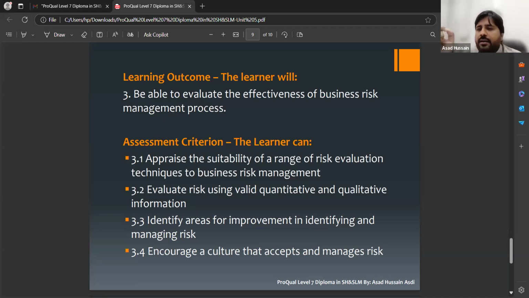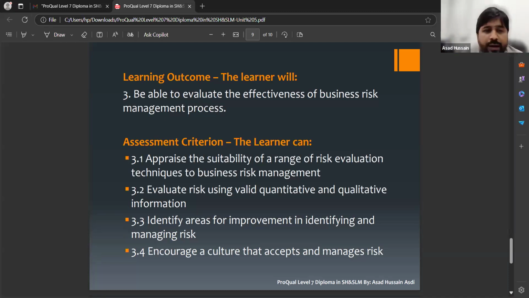In the second one, he should have skills to develop the business risk management processes, and to implement that, to ensure that. In this third section, it is focusing on the skill a candidate should have in evaluating the effectiveness of what he understood, what he developed, what they have implemented. Now, he should have the ability to evaluate the effectiveness of business risk management processes.